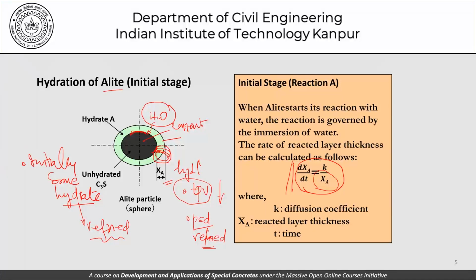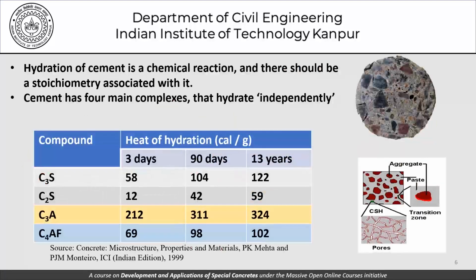And when we talked about 25% or whatever that number was, 25% water being required for complete hydration, we have to take this value with a pinch of salt because we really do not know whether complete hydration will ever happen. You would recall this slide from a previous presentation, and you can see that these four principal compounds of cement hydrate independently, following the model that we just discussed, and the hydration as such continues for a very long period of time.